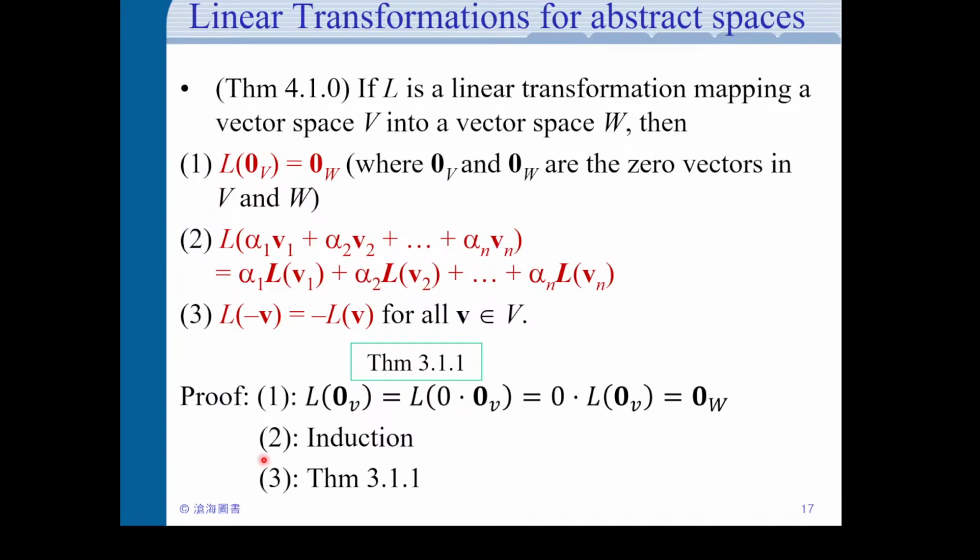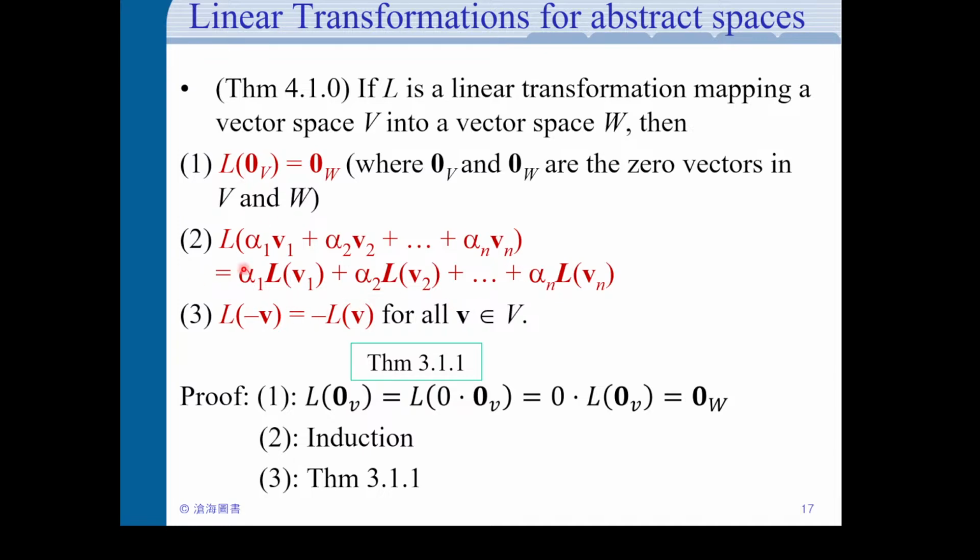The second one is really just by induction. If your linear transformation respects linearity between 2 vectors, then you can just add more and more vectors to this list, and by induction, this will equal this linear combination of the outcomes. This is really simple, so let's skip this.